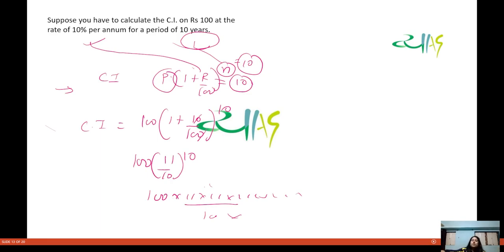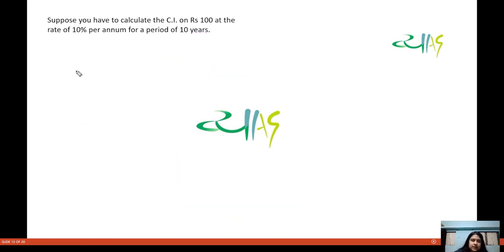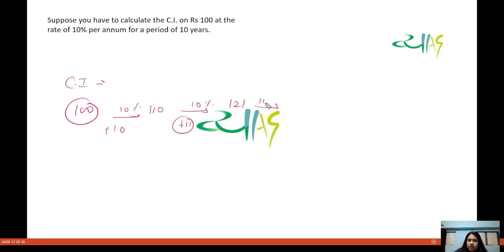So what is our strategy for calculating this compound interest? Basically we are using this 100, and 10% of this is 110. Here you did plus 10, here you will do plus 11, so this becomes 121. 10% of 121 is 12.1.